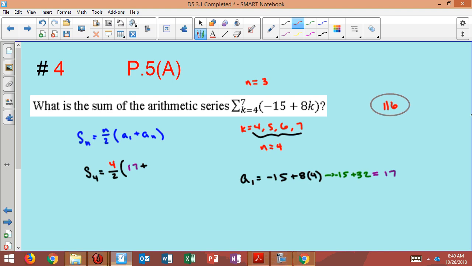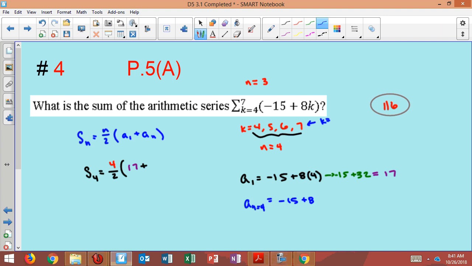Okay, and now to find the a sub n, which in this case we just discovered would be a sub 4, this is the 4th term, so n equals 4, but the k here, k is 7.